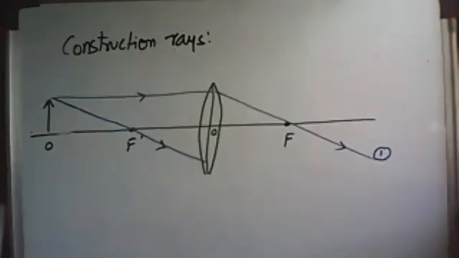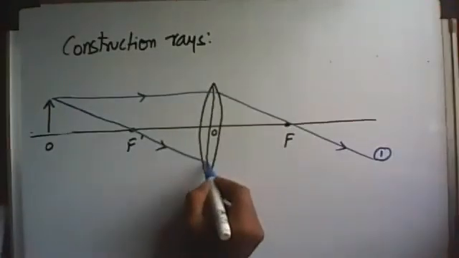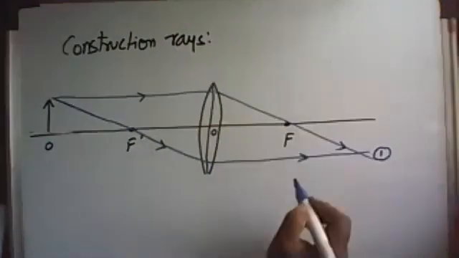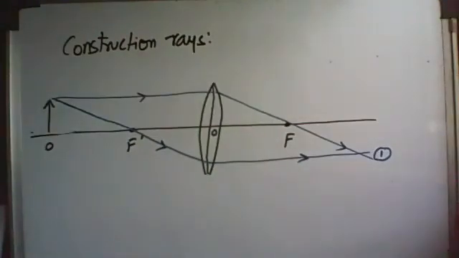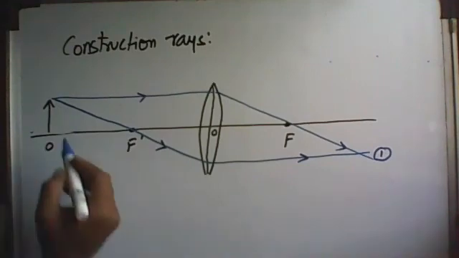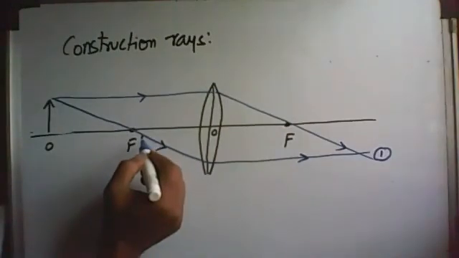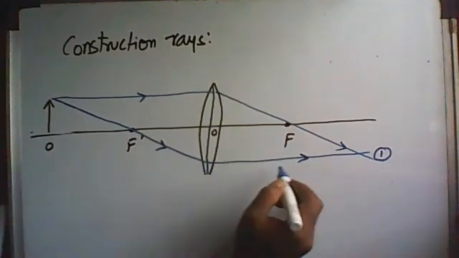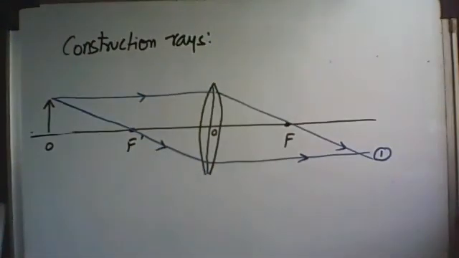Yeah, Chaitanya is saying it's going to go parallel to the principal axis, right? So this ray goes parallel to the principal axis. Now, what helps you to decide that? That is my question. How do you know that a ray of light that is passing through the secondary focus incident on the lens is going to pass parallel to the principal axis?